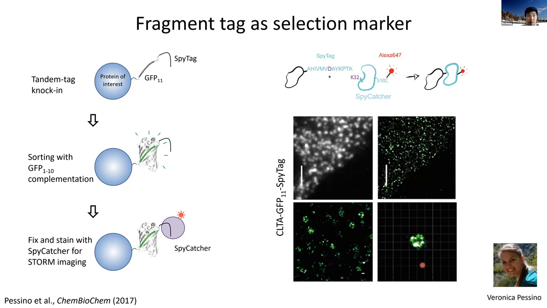More recently, we've expanded this idea of having tandem tags, one as a selection marker and the other as a purification handle, and collaborated with Yifan Chen's lab on using this for single particle cryo-EM structural imaging of endogenously expressed proteins, instead of having to overexpress and in vitro reconstitute the protein complex. Now we can directly purify the complex from endogenously tagged proteins.